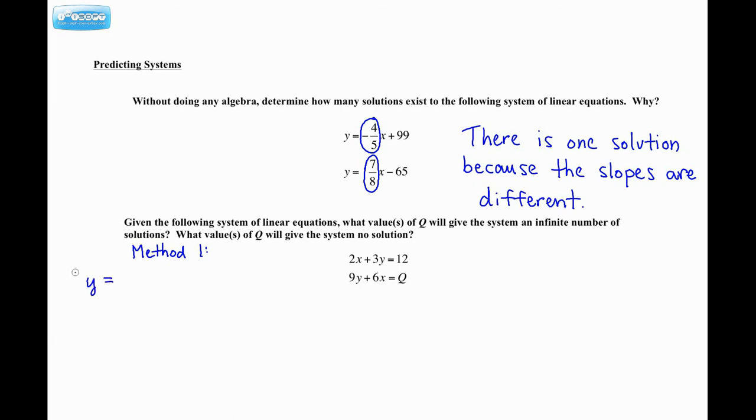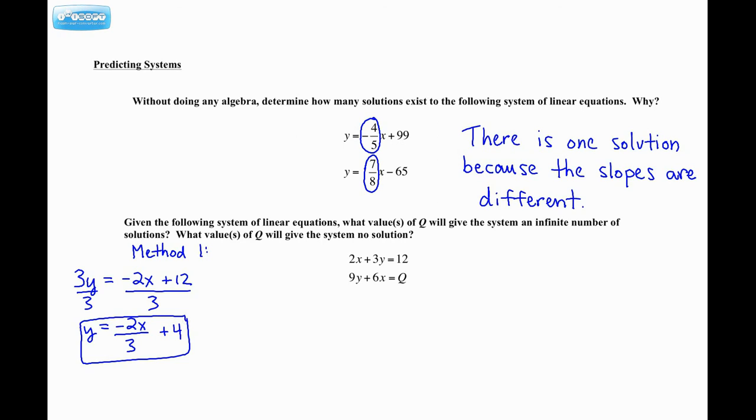So this is going to give me 3y equals negative 2x plus 12. And then I'll just divide out 3. So this gives me y equals negative 2x over 3 plus 4. Okay, so that's the first equation rewritten.